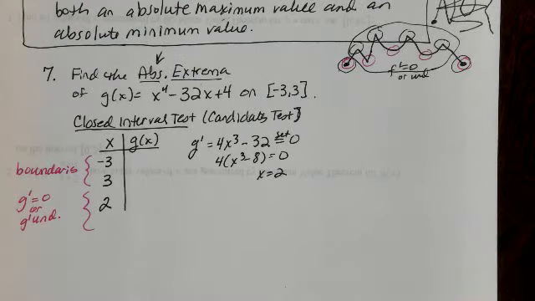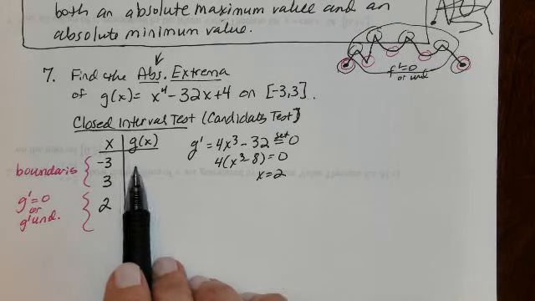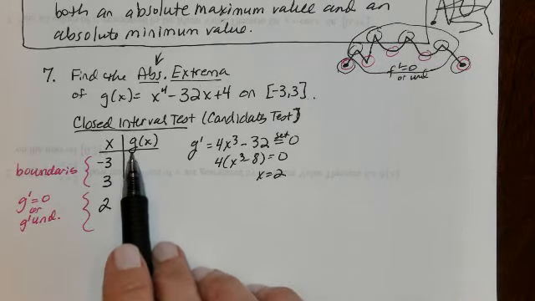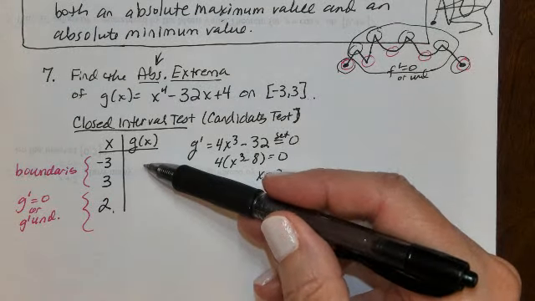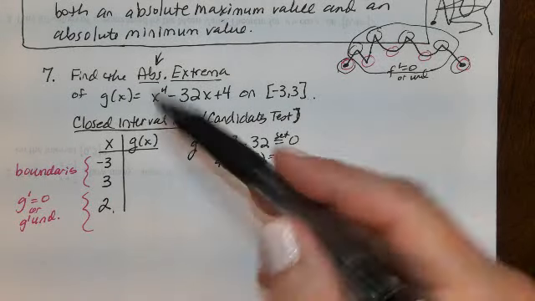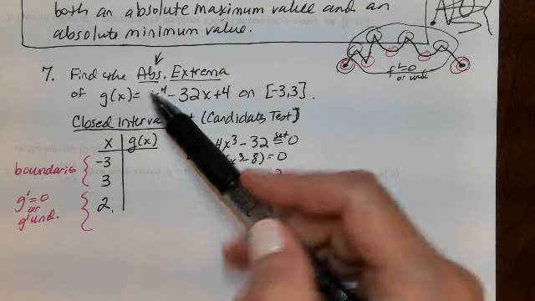And now the rest is really easy. All we have to do is find g of -3, g of 3, g of 2, and look to see which is the biggest and which is the smallest. That's your absolute max and your absolute min.